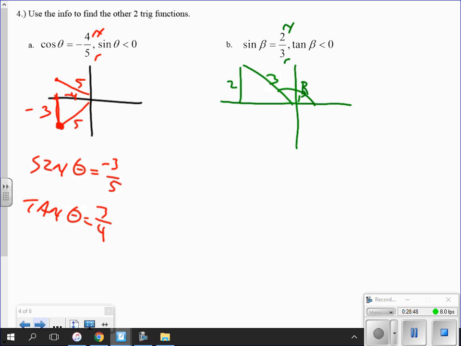Use the Pythagorean theorem to figure out the length of that side. x squared plus 2 squared equals 3 squared. And you end up getting square root of 5, but because it's in that direction, it's negative √5.